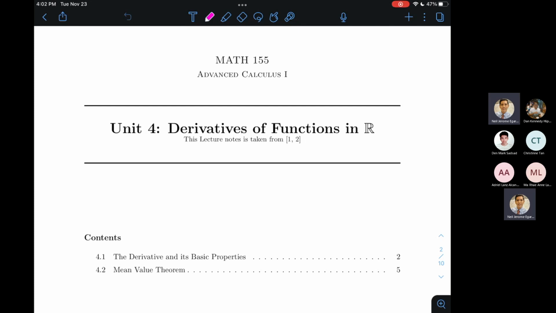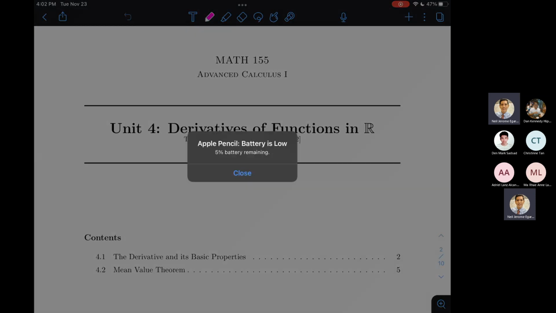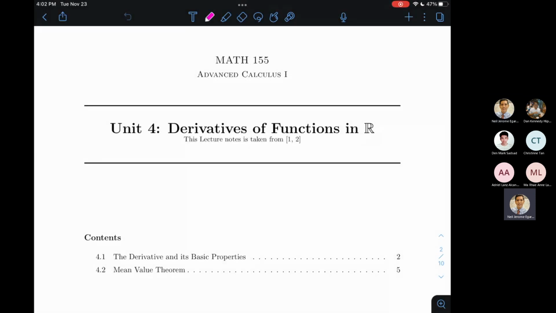All right? Hold on. Nabanggit ko na ba kung ano ang coverage niya? Nalimutan ko na kagad yung coverage. Nakapag-problem set na tayo ng limits and continuity. So basta yung coverage niya ay hanggang unit 3.